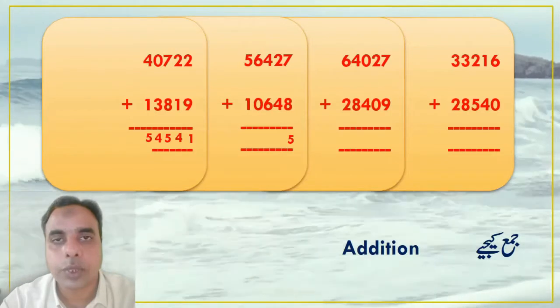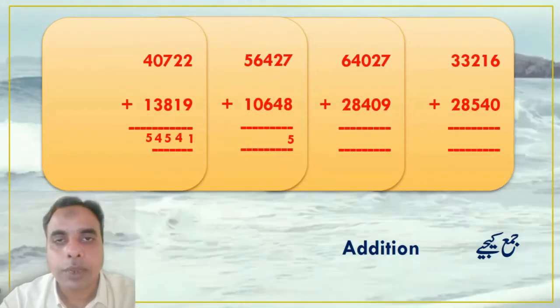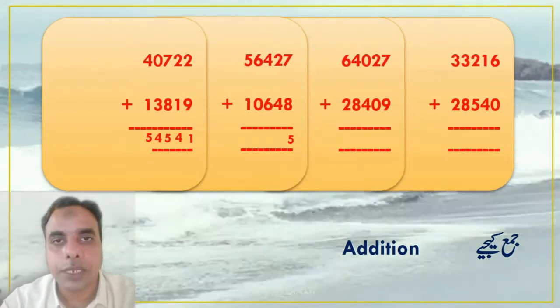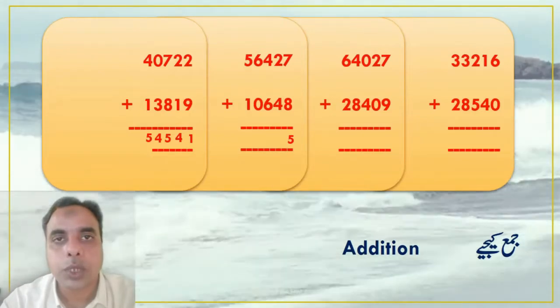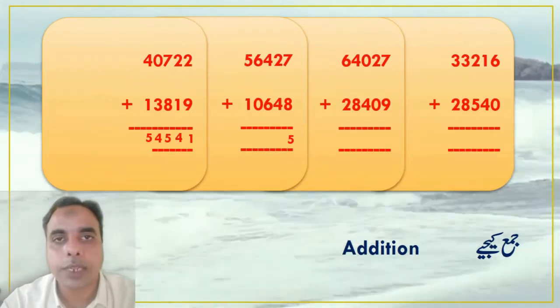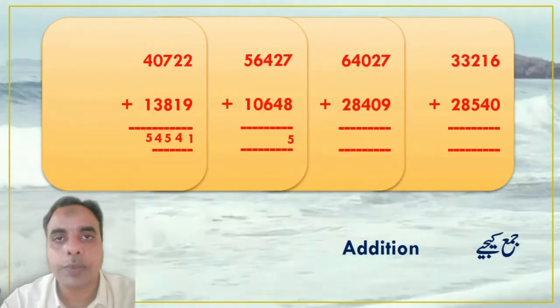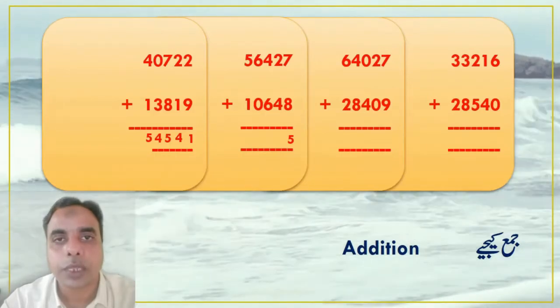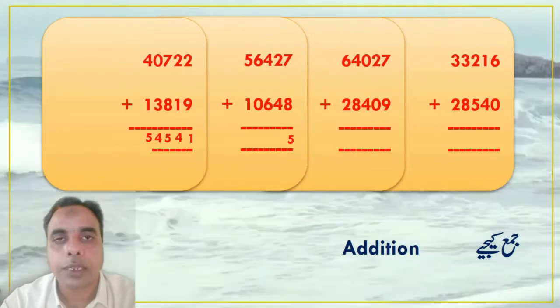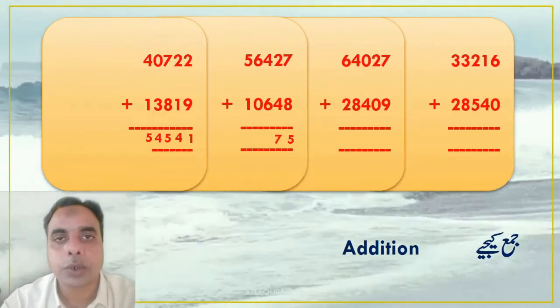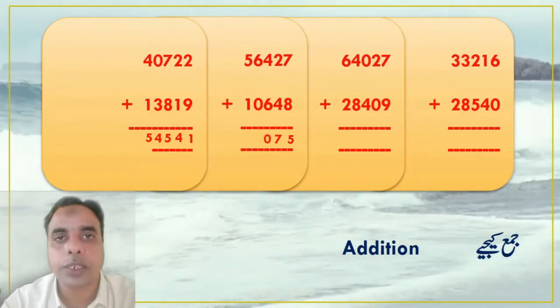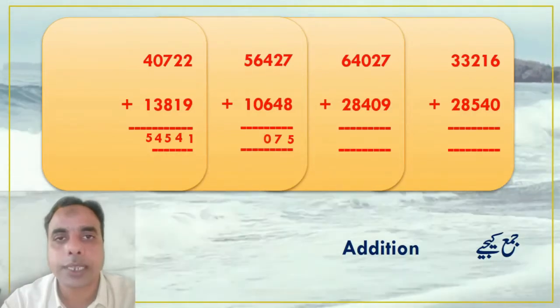Okay, thereafter we'll move to the next question, and on your screen you will see 56,427, and we are supposed to add 10,648. So 7 plus 8 is 15, 1 will be carry over. So 1 plus 3, 1 plus 2 is 3, 3 plus 4 is 7. Thereafter 10 plus 4 plus 6.